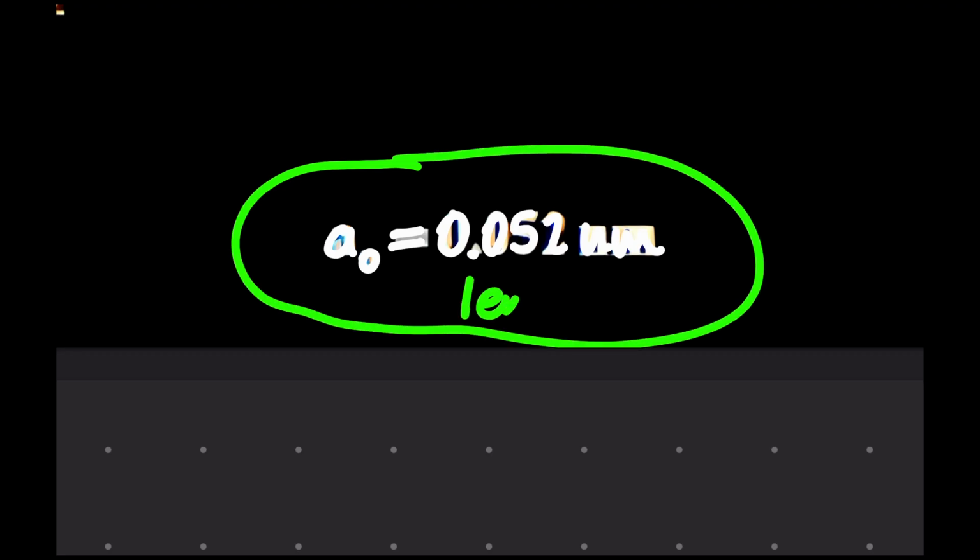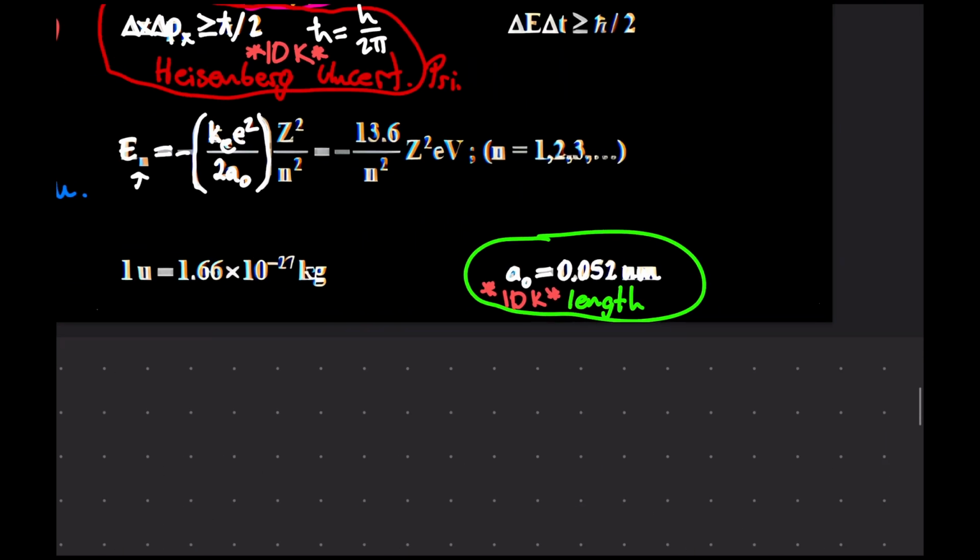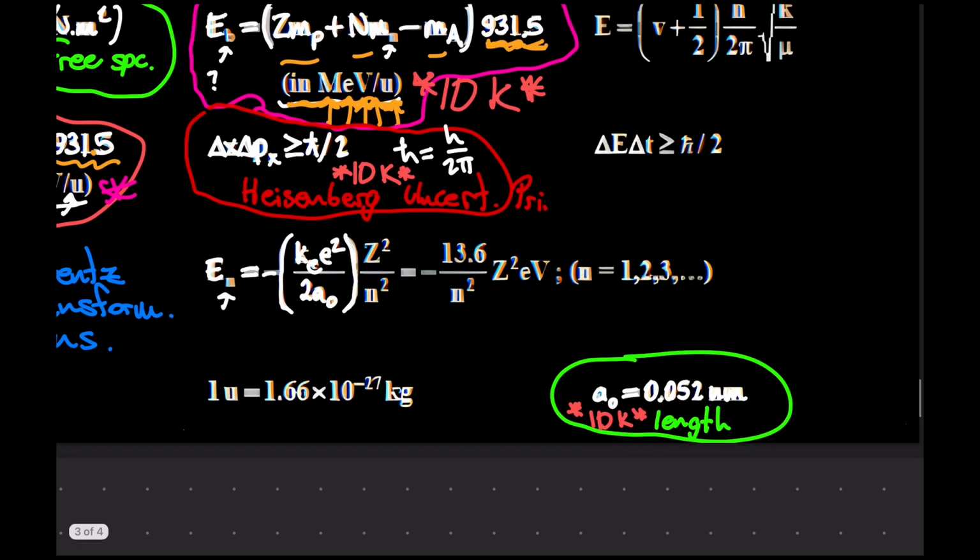This looks like some kind of length. But I'm going to put an I don't know because I don't know what it is exactly. I just know that it's a constant, right? That's how they write constants. But I do know that I have its value here, and I have its units, nanometers. And I know it's a length because nanometers is a length. I just put an I don't know because I can't remember where I've seen this before.